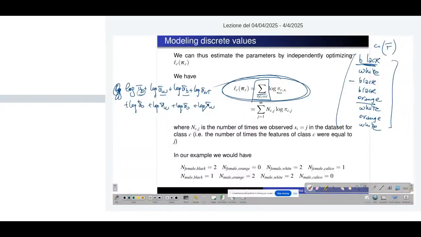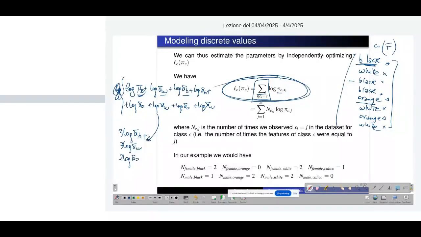Which I can rewrite, rather than summing over samples, by considering the possible values of the features. If I have 3 black cats, then log pi b will appear 3 times. If I have 3 white cats, then log pi white will also appear 3 times. Then I have 2 orange, so log pi orange will appear 2 times. If I check how many times each feature appears, that's the number of times that feature appears in the dataset.